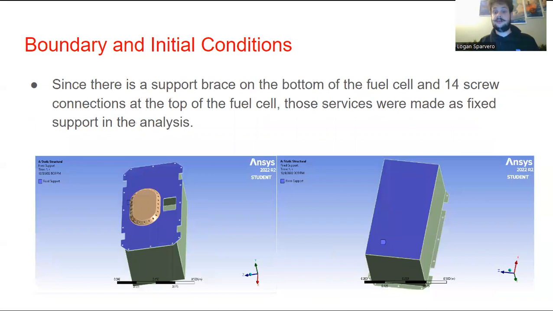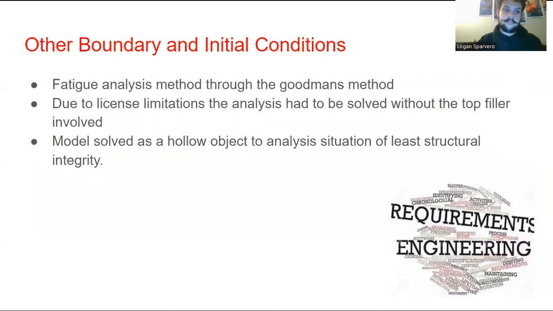Since there is a support brace on the bottom of the fuel cell and it is screwed in on the top, both the top and the bottom are going to be fixed supports, meaning they don't have any degrees of motion, because not only is there a brace there, but it would be strapped around that brace with metal straps, which is usually how fuel cells are installed.